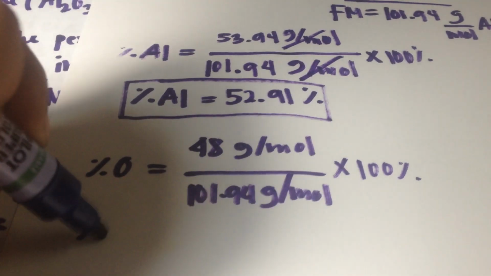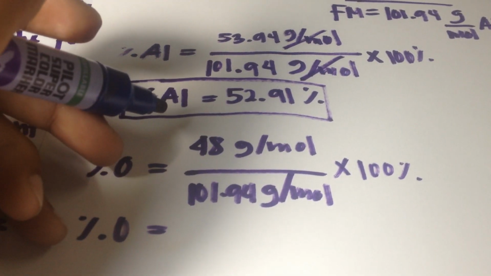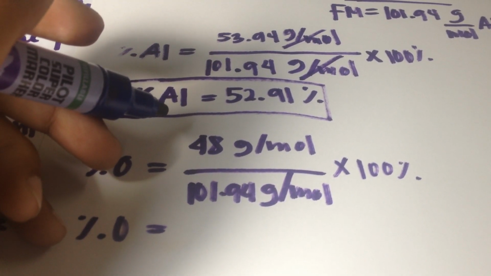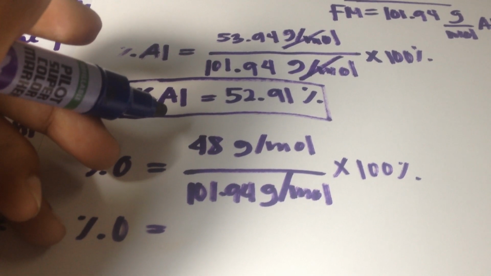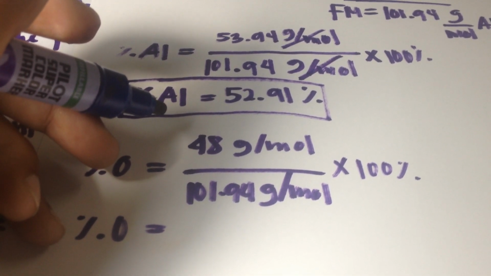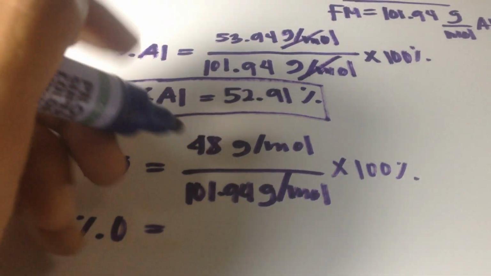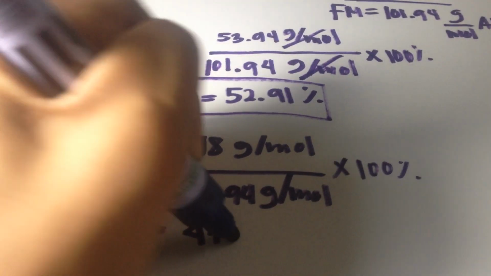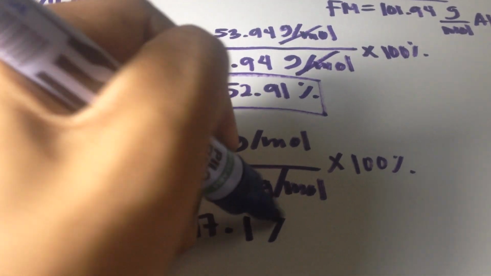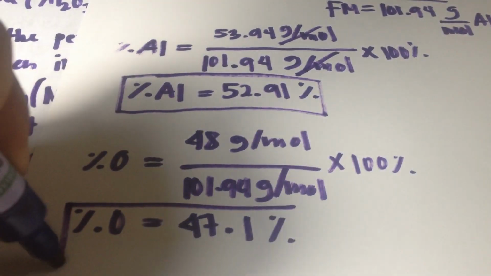So percent of O is equal to 48 divided by 101.94 times 100%, which is equal to 47.1%. So that's it.